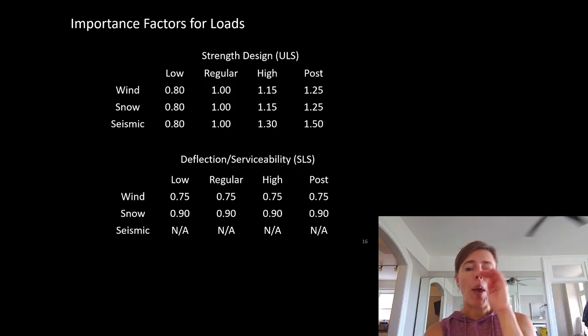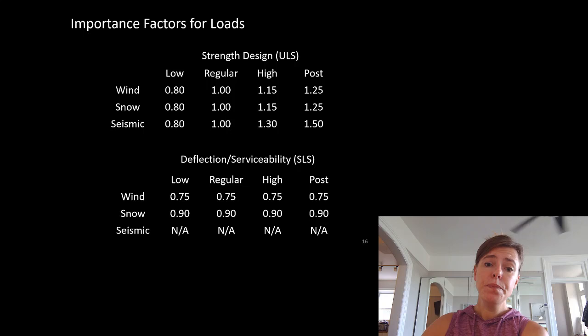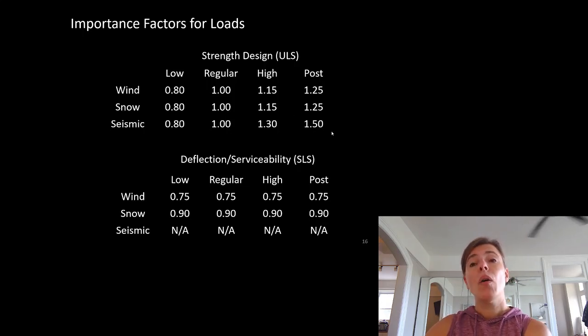So I was talking about the strength elements having their importance factor applied. Post-disaster ends up having a really big premium put on it. Seismic, 1.5 times, so 50% more seismic load gets applied to post-disaster buildings than a regular building.